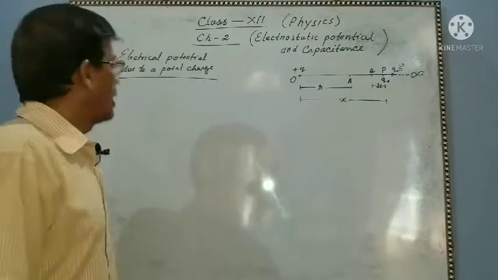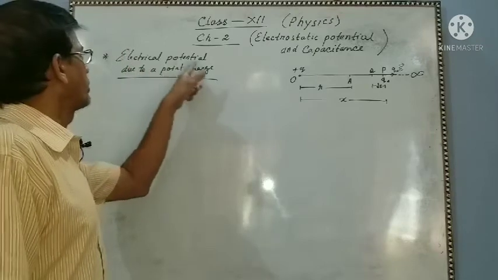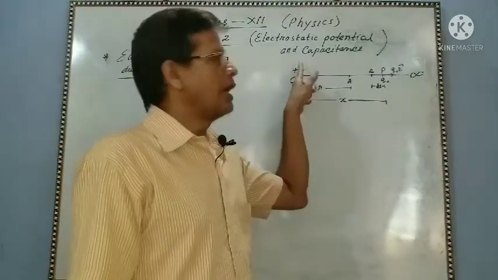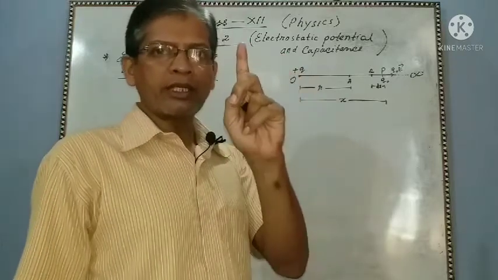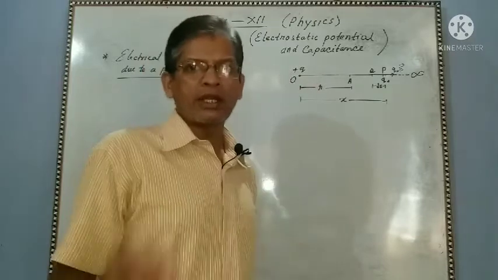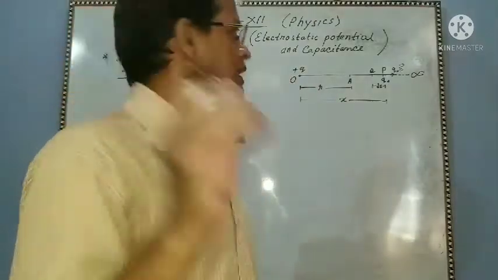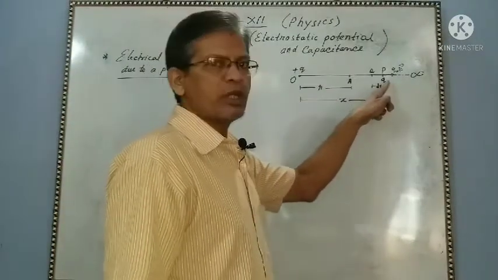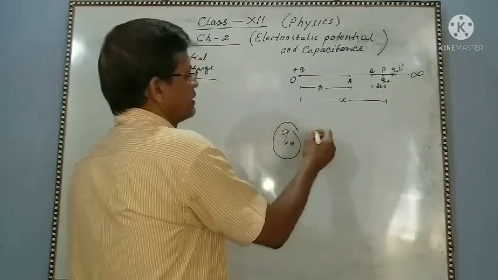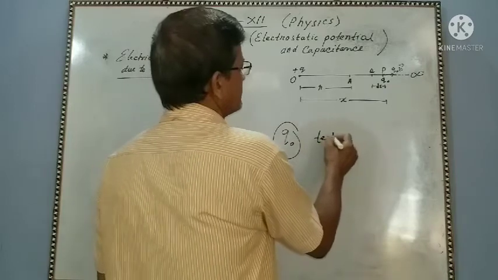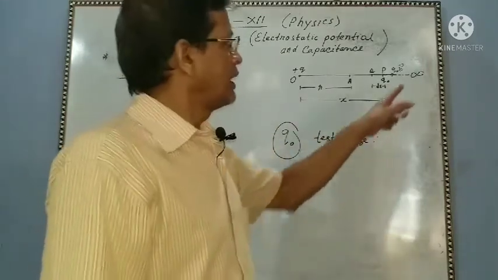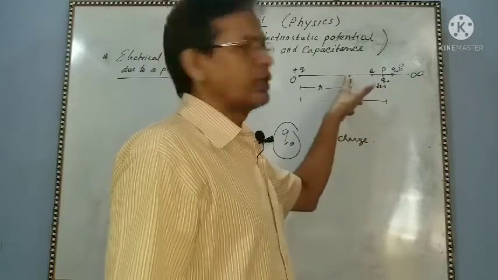Now, our aim is to find the electric potential due to a point charge. There is a point charge plus Q and we want the electric potential at point A due to this charge. So we have taken a test charge Q0, and it is taken from infinity to this point.